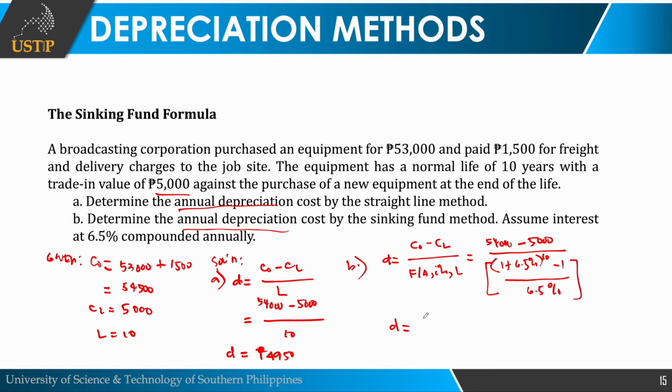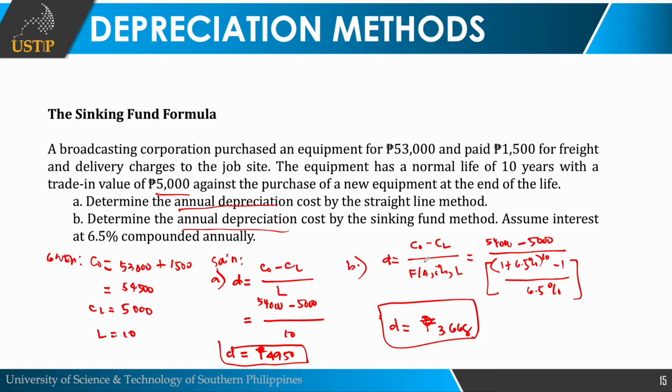So we have an annual cost of depreciation equal to 3,668. You can see that the sinking fund method does not have a large difference, but your depreciation cost is significantly lower with the sinking fund method.